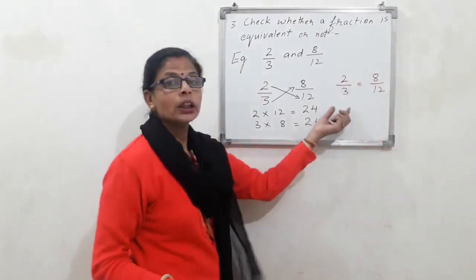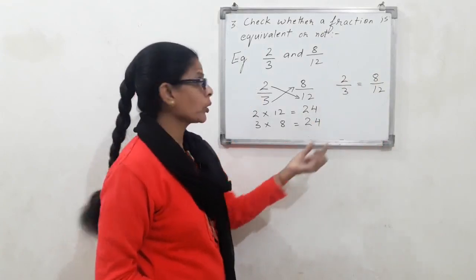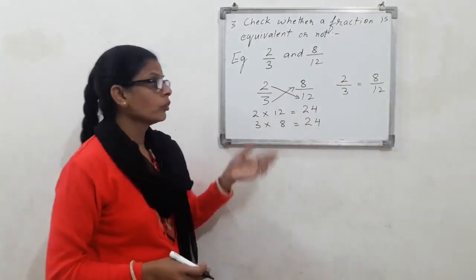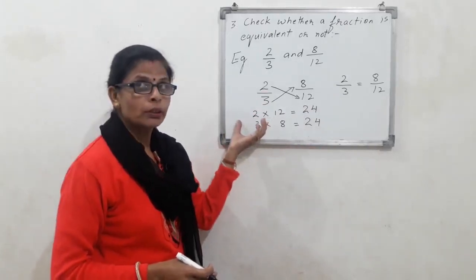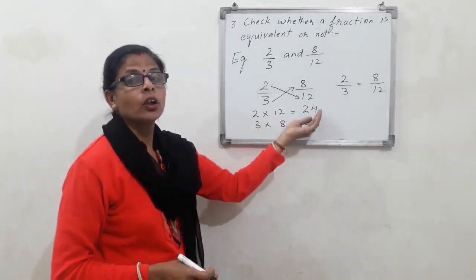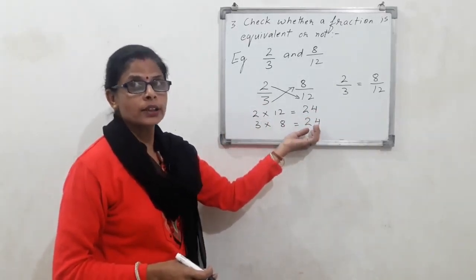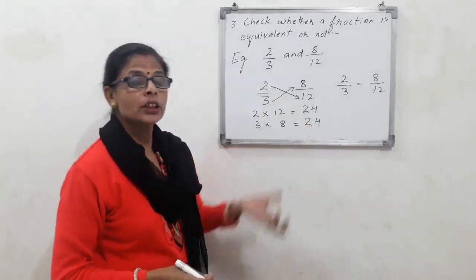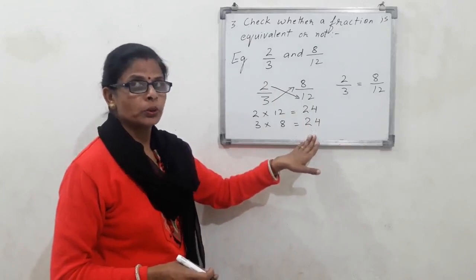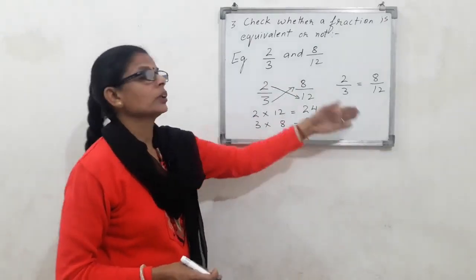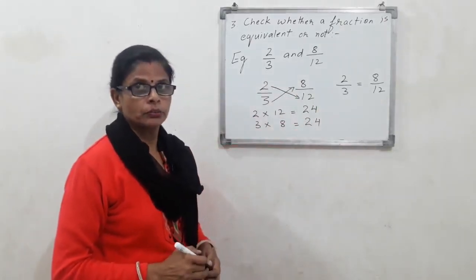So they are equivalent fractions, because we cross multiplied them and the products of both are the same.